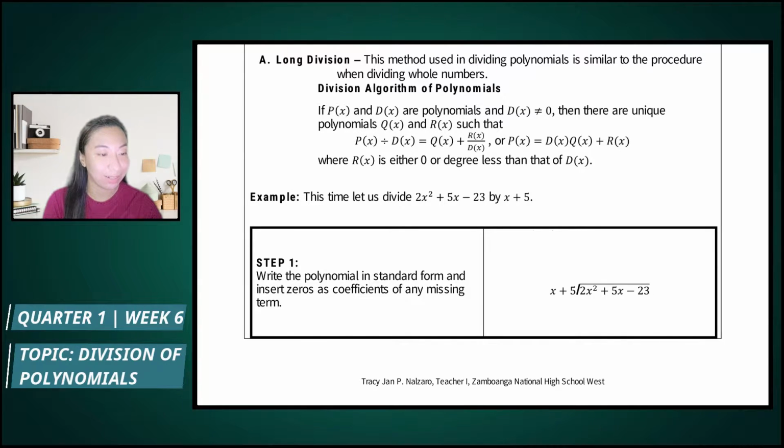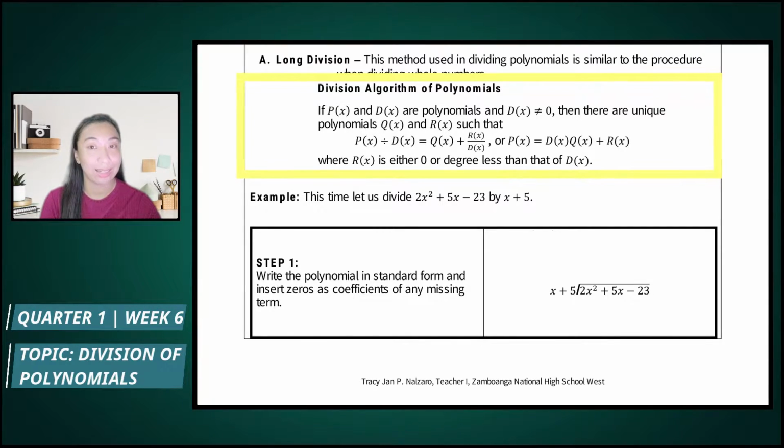So, the division algorithm of polynomials. It is written here that if p of x, which is the dividend, and d of x, which is our divisor, are polynomials, and d of x is not equal to 0, then there are unique polynomials q of x and r of x such that P of x divided by D of x is equal to Q of x plus R of x divided by D of x.